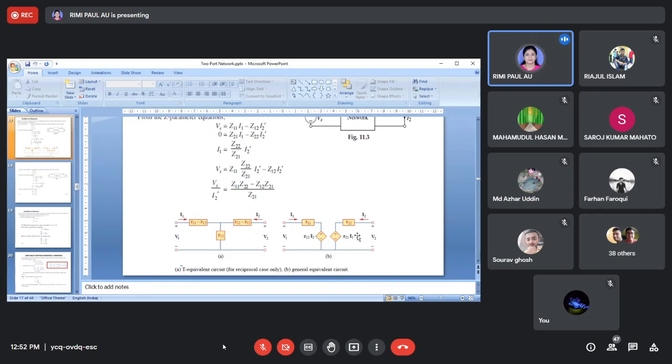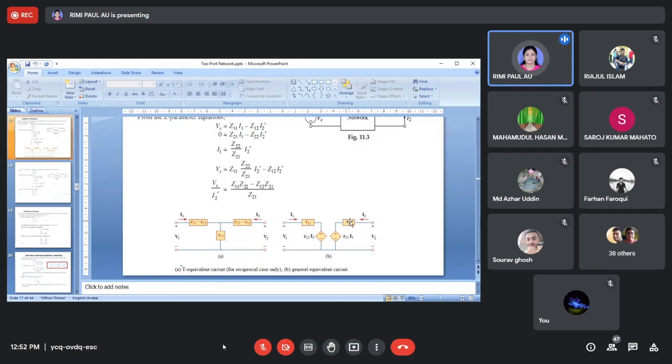Similarly, Z21 I1 depends on the I1 current. We know that voltage V is equal to IZ, right? So this voltage source is a current dependent voltage source. So we write Z21 I1, and this is the impedance Z1 and Z2. This is the input impedance, this is the output impedance.